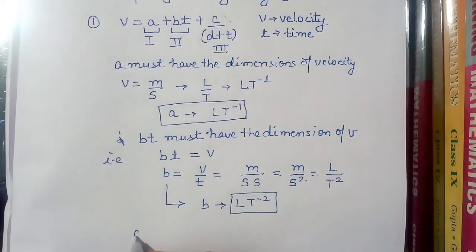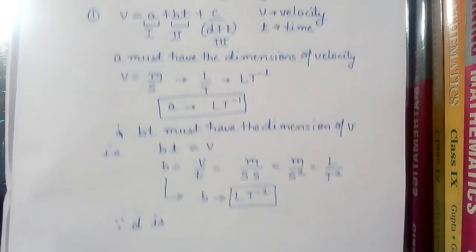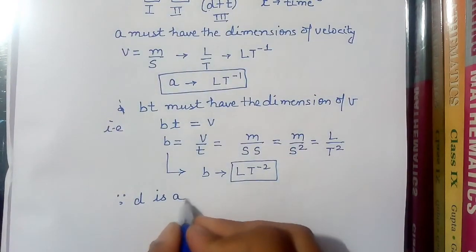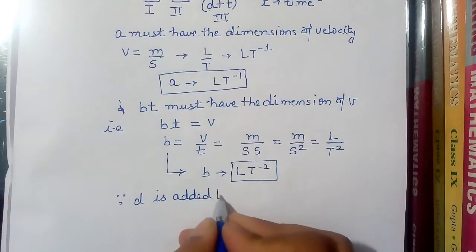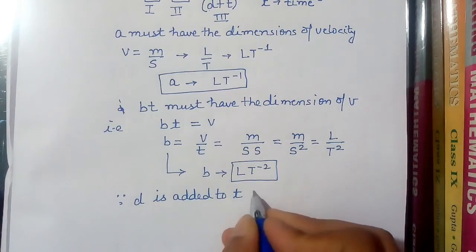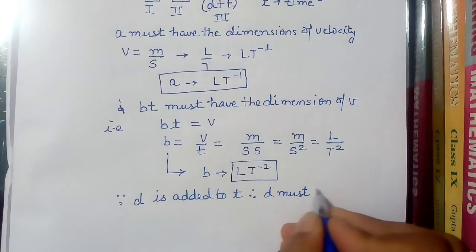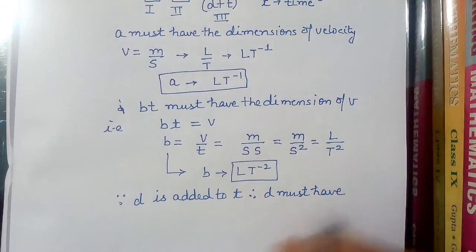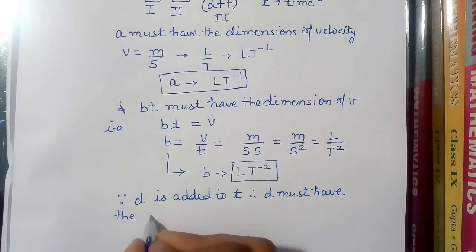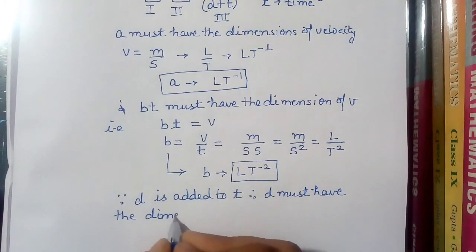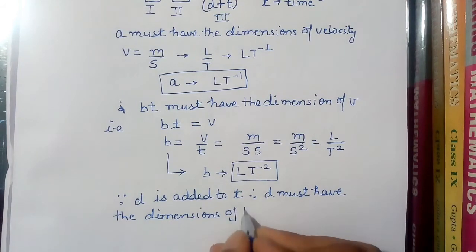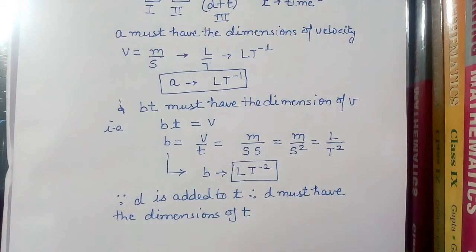So since D is added to T, therefore D must have the dimensions of T. And what is the dimension of T?